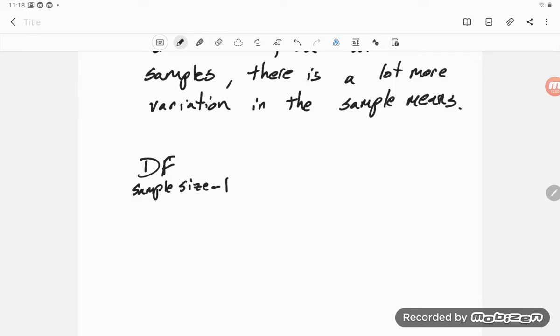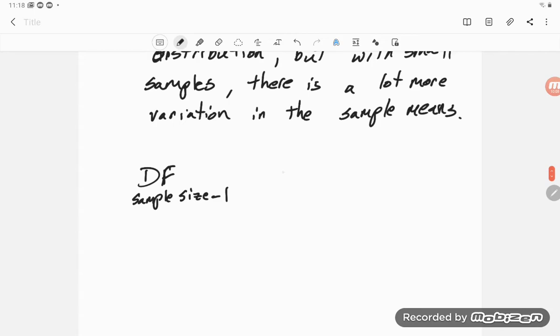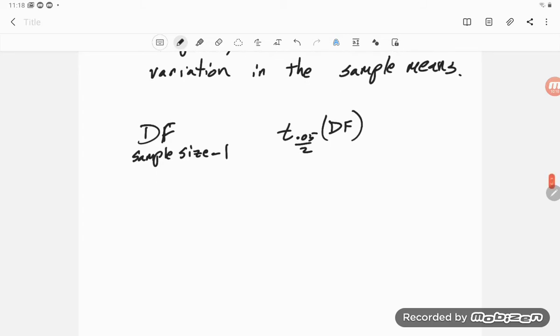And then it has your t of 0.05 over 2 of the degrees of freedom. So that's where you get the n minus 1 part that we did. So sample size minus 1, or n minus 1.